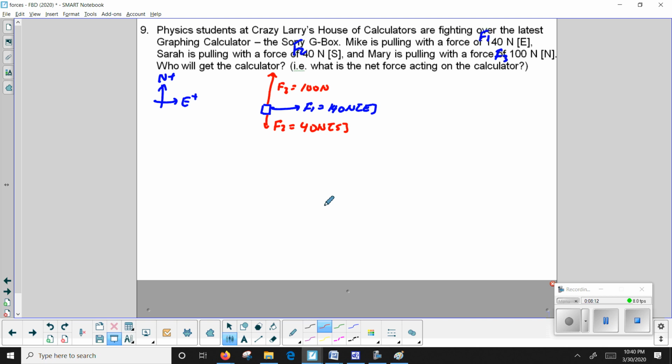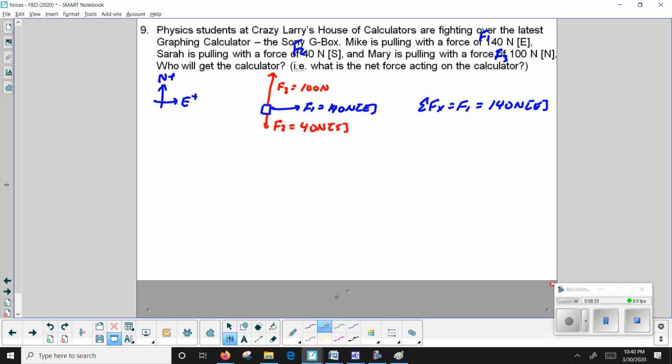So what we're going to do here, just like we did before, is look at the totals in the x and the y. So let's look at the x. In the x, horizontal, I only have the first force. So my total in the x is going to be 140 newtons to the east.